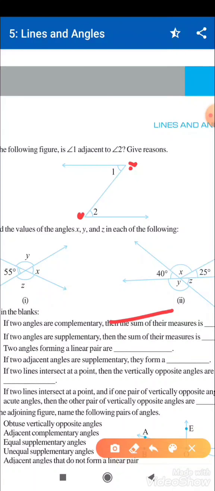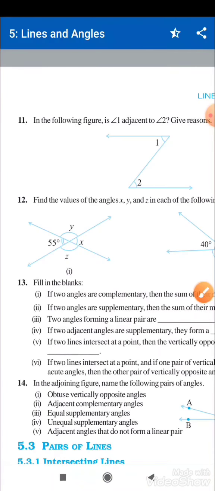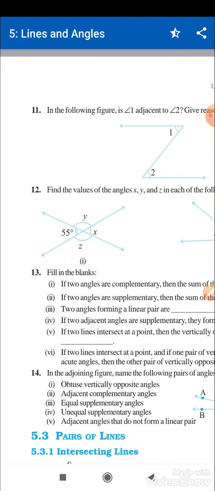Move to our next part. Our next question is, find the values of angles x, y and z in the following diagrams. And our first diagram is here. In this diagram, two lines cut each other at a point, and the value of one angle is 55 degree, and we have to find out the rest of the angles.